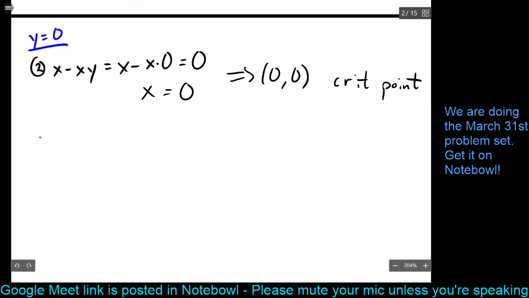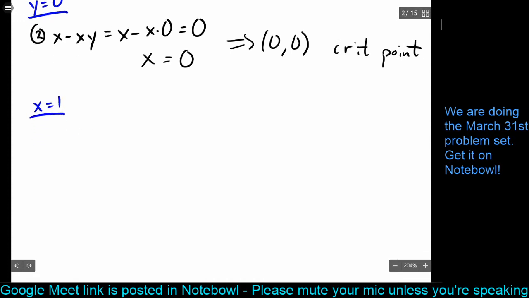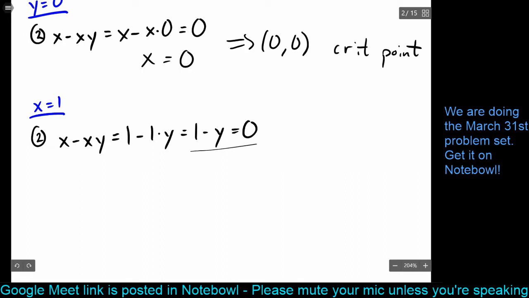Now let's look at the case when x equals 1. When x equals 1, again, we're going to look at equation 2 and plug in x equals 1. And so we get that 1 minus y has to be 0, which says y needs to be 1 here.